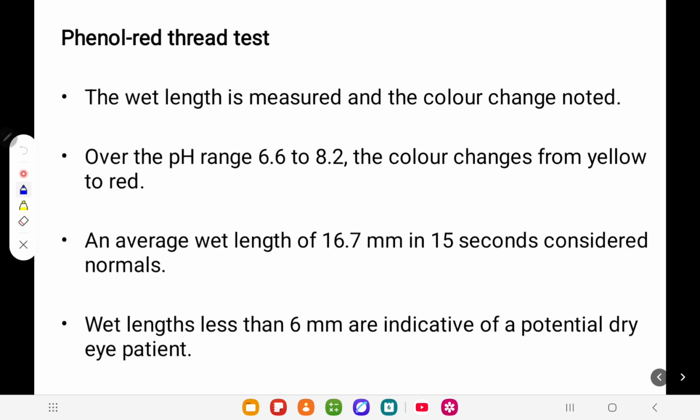So it's a quick test. Phenol red changes color to yellow, and we see in 30 seconds what happens. An average wetting of 16.7 mm is considered normal. If it is less than 6 mm, it indicates potential dry eye.